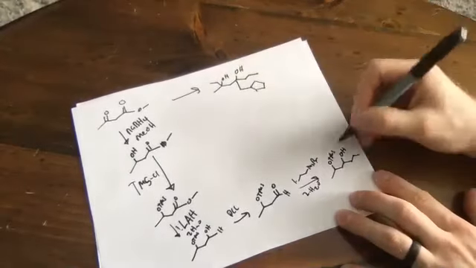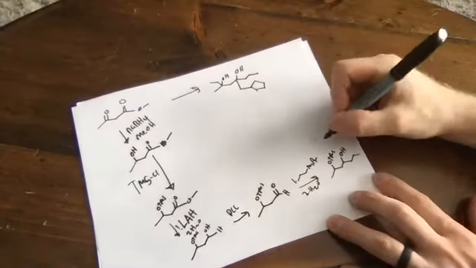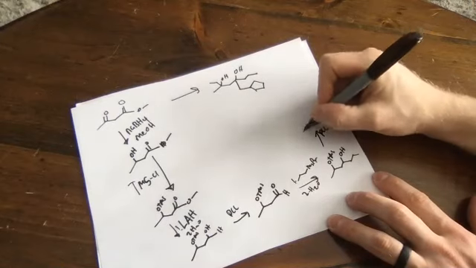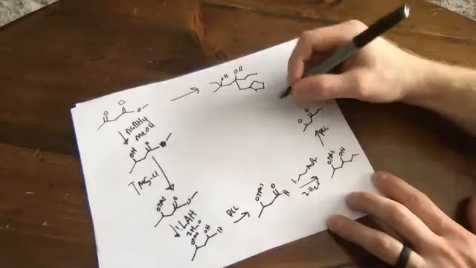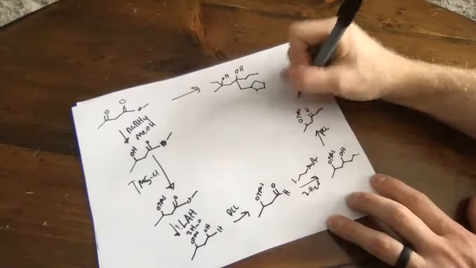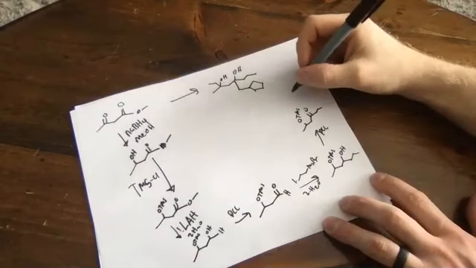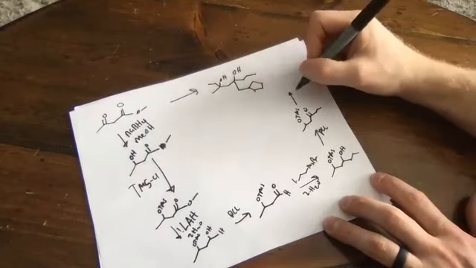From this point, we need to do another Grignard. So we're going to kind of rinse and repeat this section over here. So throwing in PCC, O, TMS, we can do another Grignard. So the other half of this molecule.